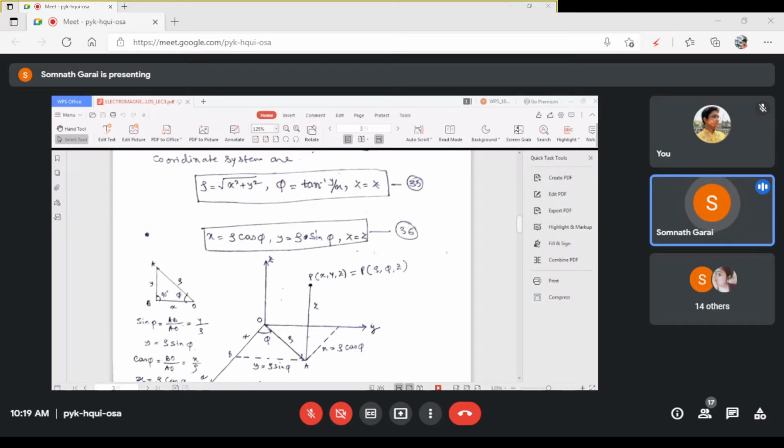Tell me what is the value of z in this cylindrical coordinate? Z has the same value as in the Cartesian coordinate. Here in Cartesian coordinate the value of z is equal to 3. So in cylindrical coordinate the value of z will also be 3. Got my point? Yes, sir.